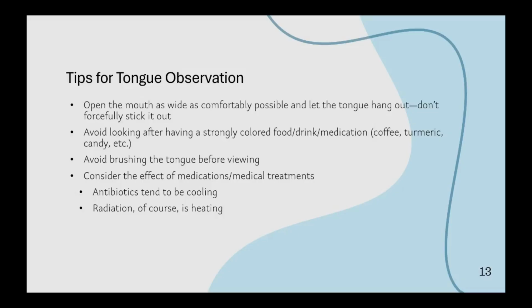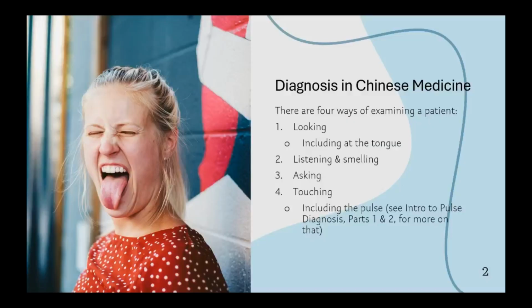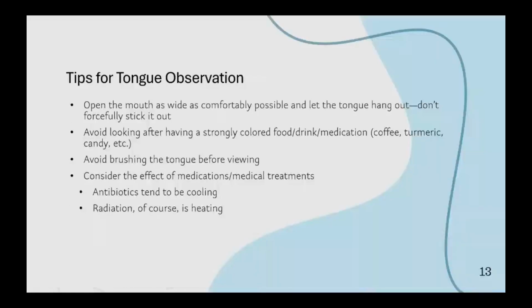That is the best way to observe the tongue in its natural shape and movement. If they're forcefully sticking the tongue out, like in that first picture, the tongue may look stiffer or a different shape than it would if it were just hanging out naturally from the mouth.